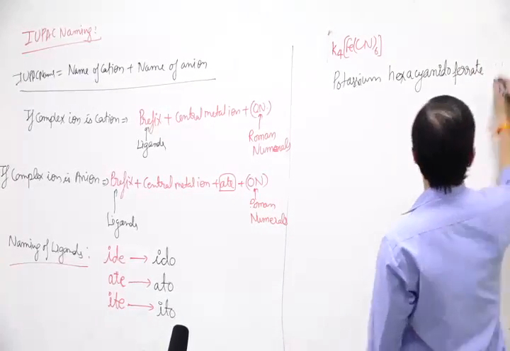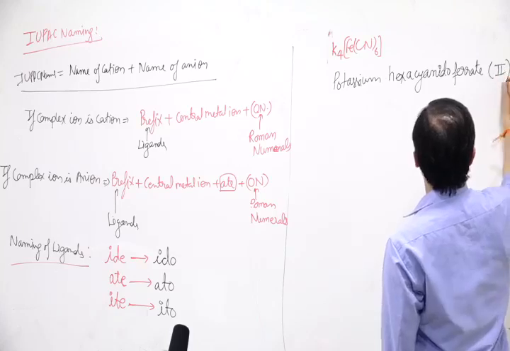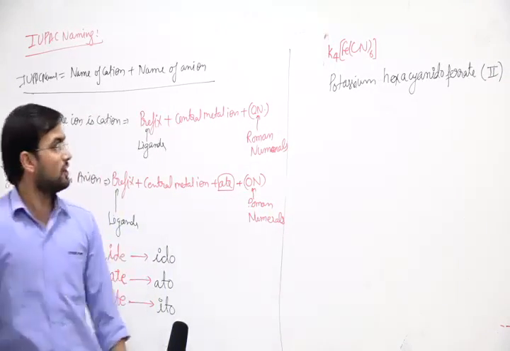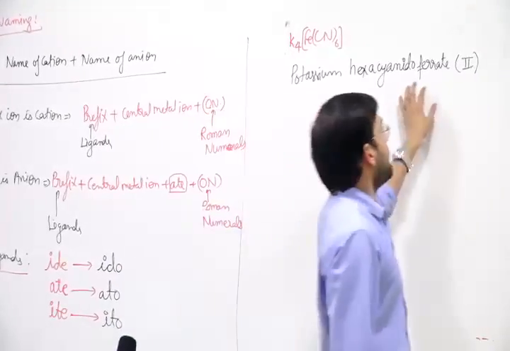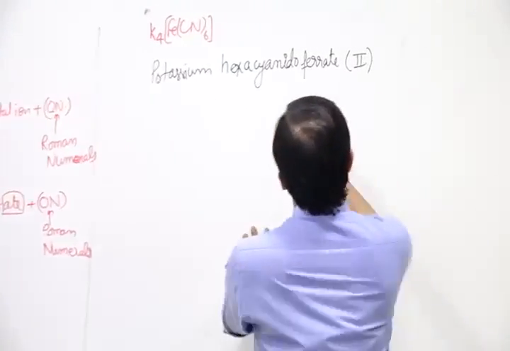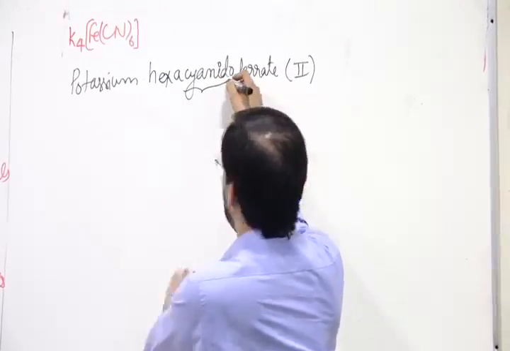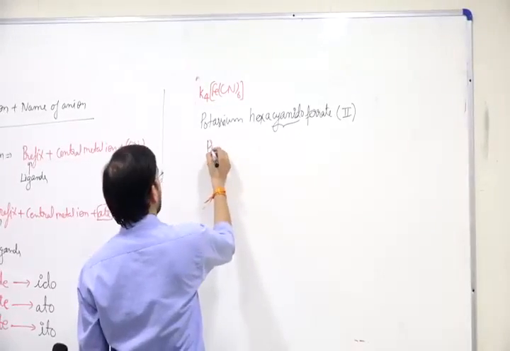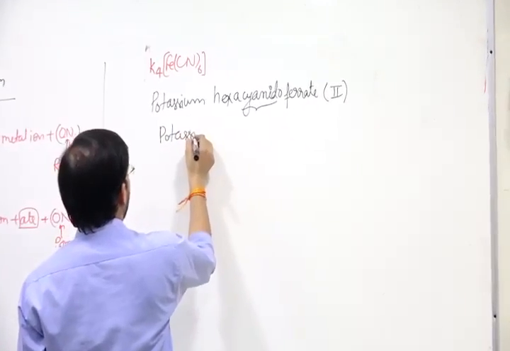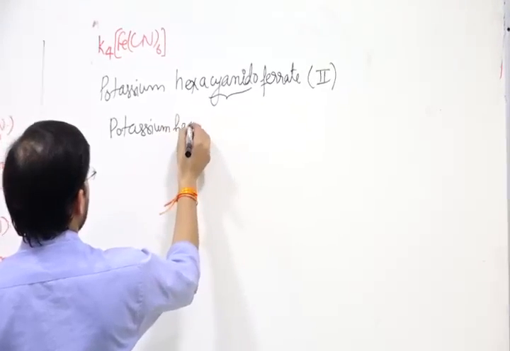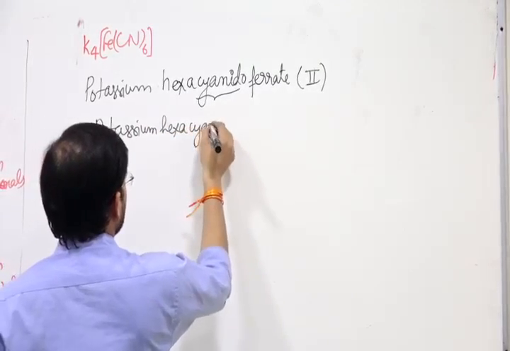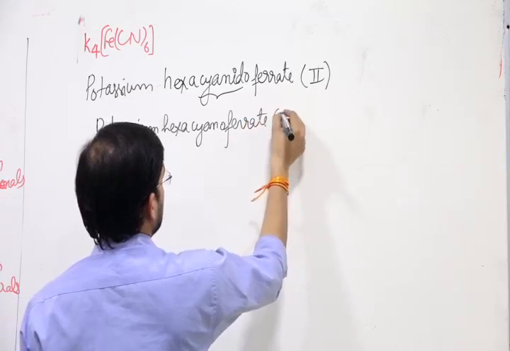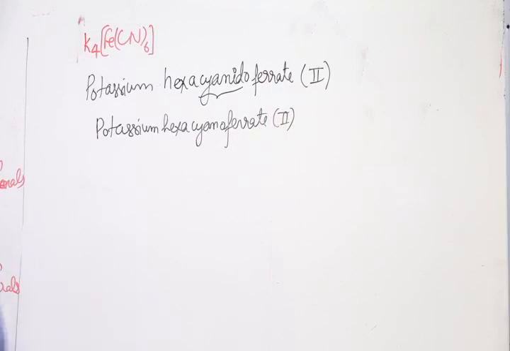The oxidation number is 2, as we just calculated. So it becomes potassium hexacyanidoferrate(II). As these are widely used, IUPAC has given another name for some of them: potassium hexacyanoferrate(II).